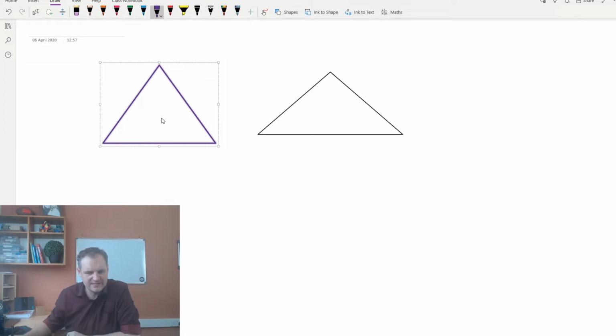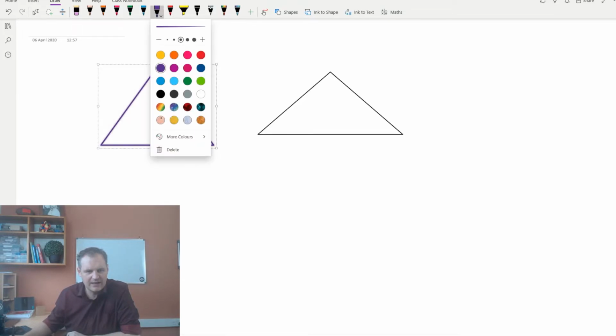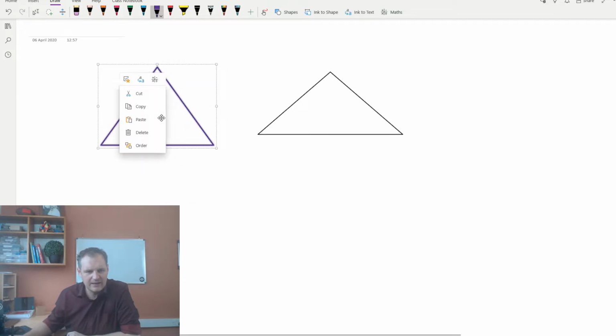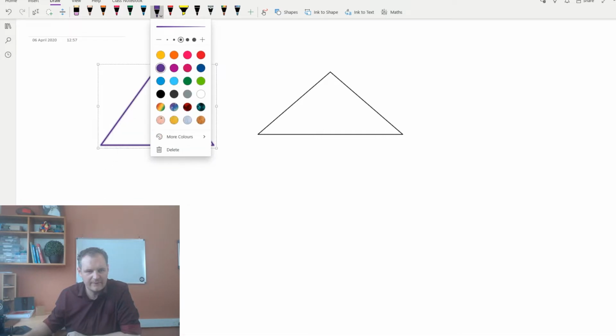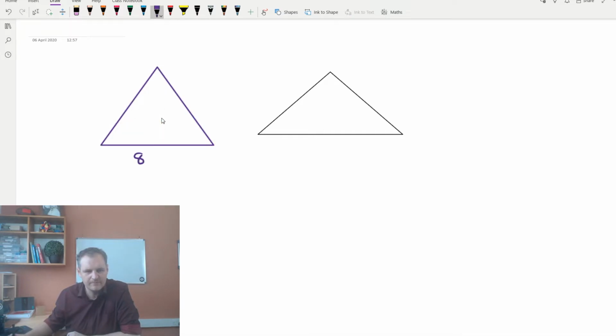What I mean by that is, let's say this is 8 centimetres. That's 7 centimetres. And I also know that that is going to be 52 degrees, and that is going to be 44 degrees.